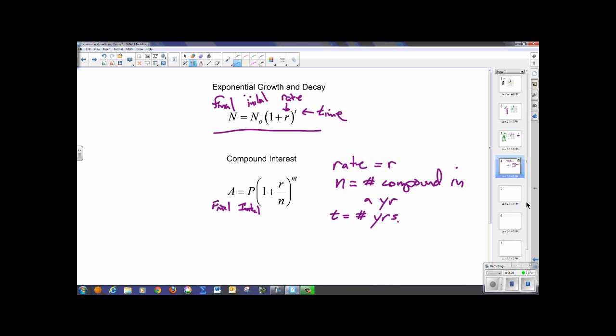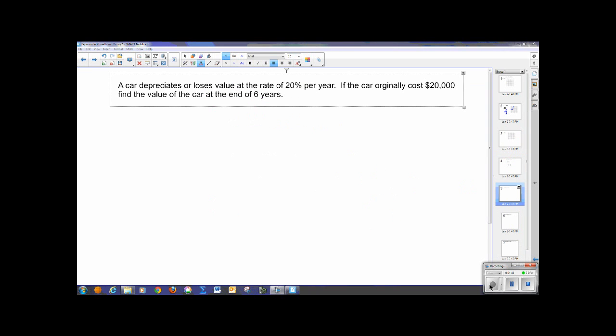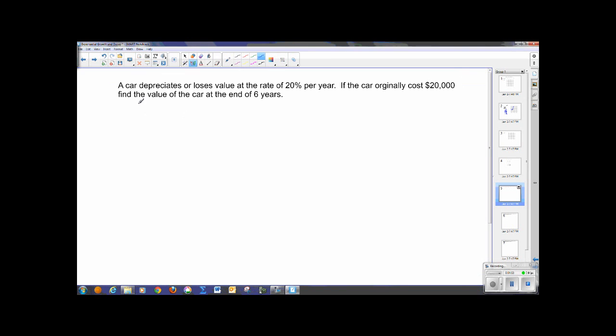All right, so let's look at a couple examples. So we have a case here where we've got an example of an exponential decay problem because we see that in this case the car is going to depreciate in value, which means it goes down by this exponential of 20% a year. So using our equation N equals N sub 0 times (1 plus r) to the t, we notice we start out with $20,000.